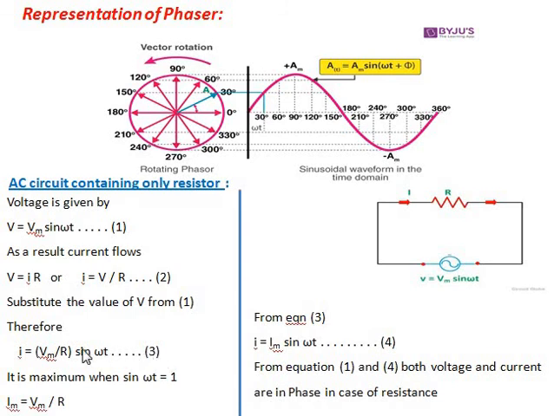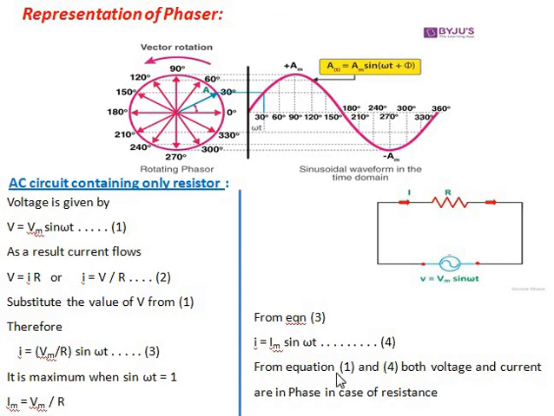In equation number 3, I is maximum only when sin omega t is equal to 1. So substitute sin omega t is equal to 1, then I becomes equal to Im, that is the maximum current, is equal to Vm divided by R. Therefore, from equation 3, I is equal to Im sin omega t, by substituting the Im value in equation 3.